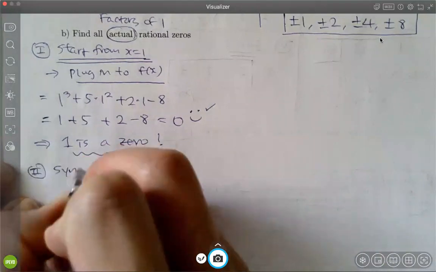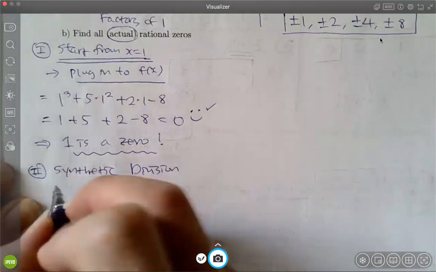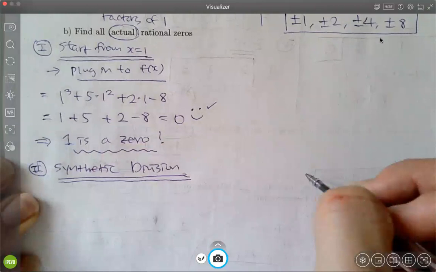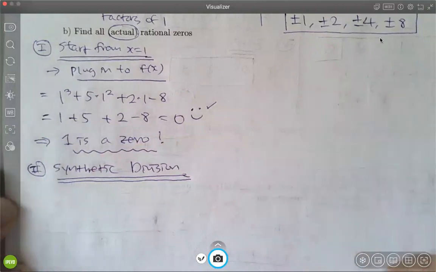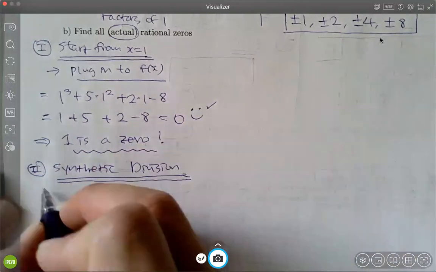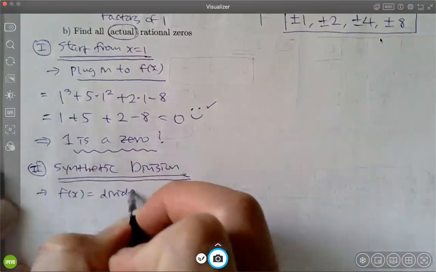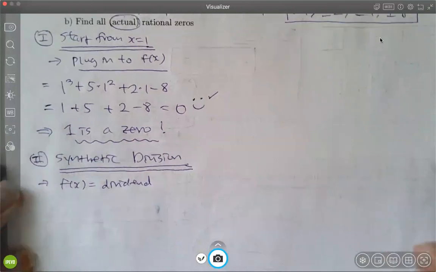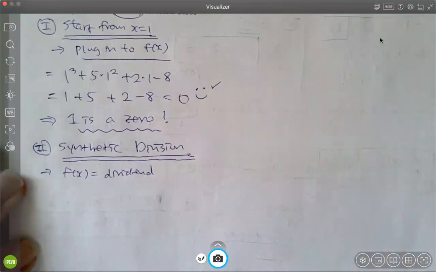Basically, once you find a zero, you stop plugging in other numbers and apply synthetic division right away. How? f of x becomes the dividend. And even though we are not given a divisor, can we still find what goes to the outside of the half rectangle?